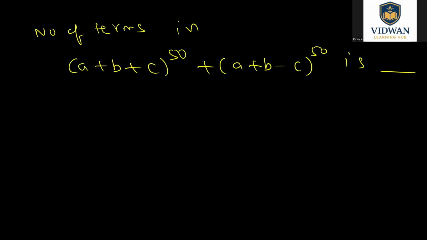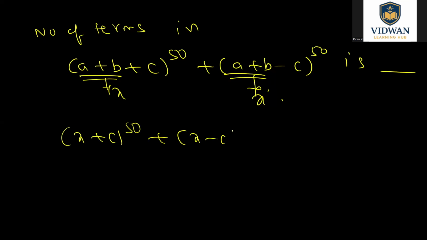So without using any formula, let us go with binomial. For example, if I consider a plus b as some x, then it is something like x plus c power 50 plus x minus c power 50. I'll name that expression as some E. So it's a binomial expansion with plus sign. Whenever you add, what kind of terms will you get? 2 times 50C0 x power 50 minus 0, which is 50C0.